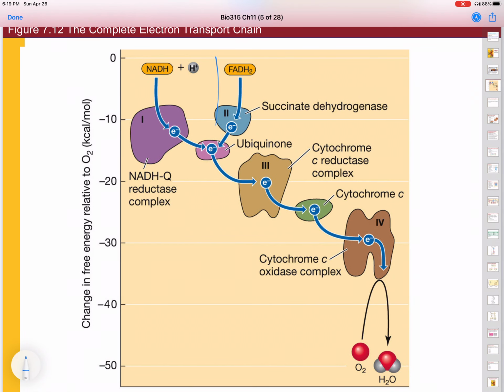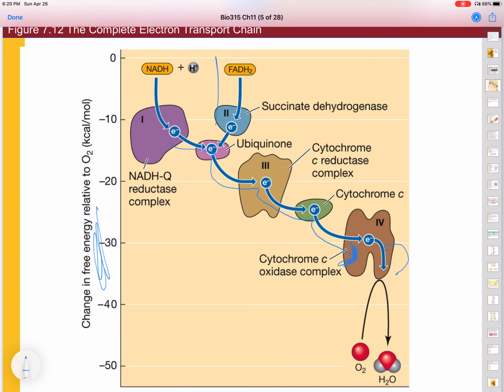And here you can see the Gibbs free energy. As we alluded to earlier, as these electrons go through these pumps, the energy of those electrons is used to pump protons across the inner membrane. And so these electrons are progressively losing energy. When they get through the end of complex 4, their energy level is relatively low.